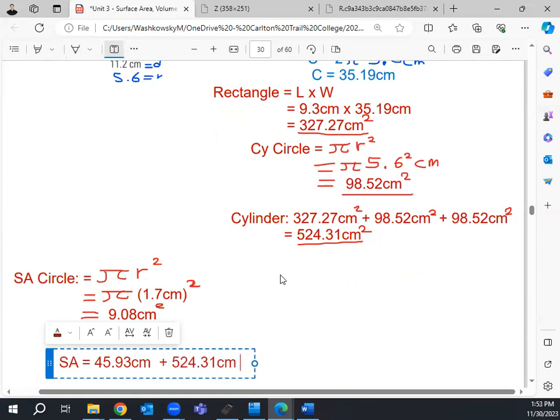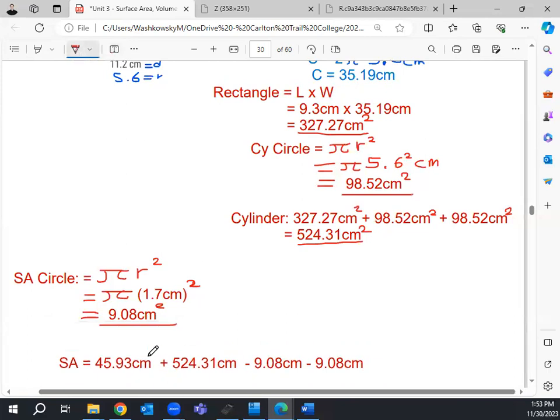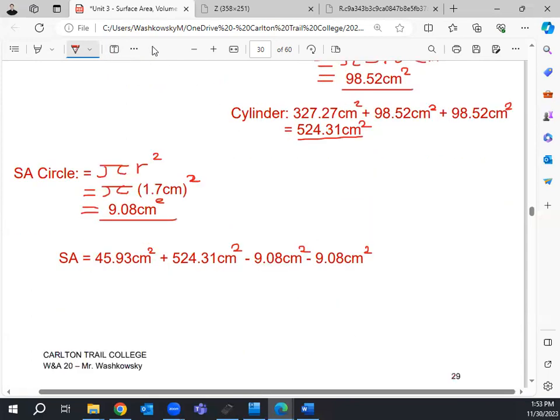524.31 centimeters squared. Again, we should be seeing now why this organization is huge. And then I'm taking away 2 of those little circles I just calculated, minus 9.08 centimeters squared, minus 9.08 centimeters squared. So all I did was restate that equation up at the very top and plug the numbers in.